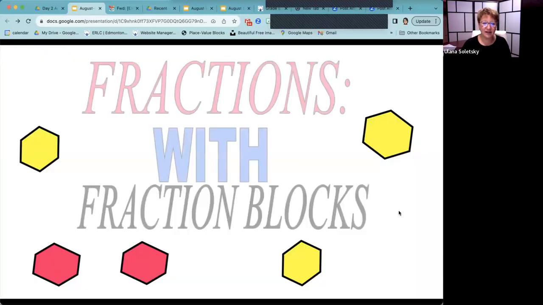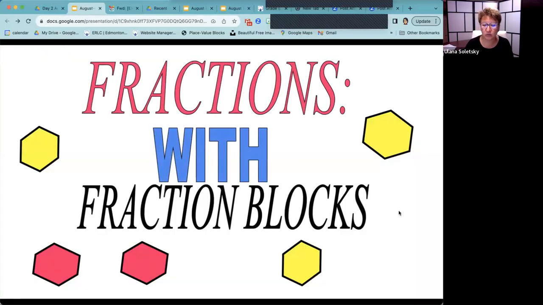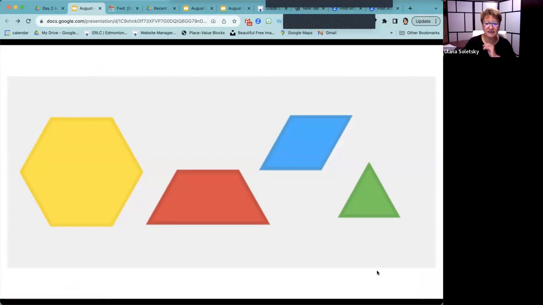Okay, so today what we're going to start on is working with fraction blocks, also called pattern blocks. There are different pattern blocks that you can use. These are the ones that we are going to use today. For many years, when I was using these pattern blocks, I was using just the yellow as the whole.